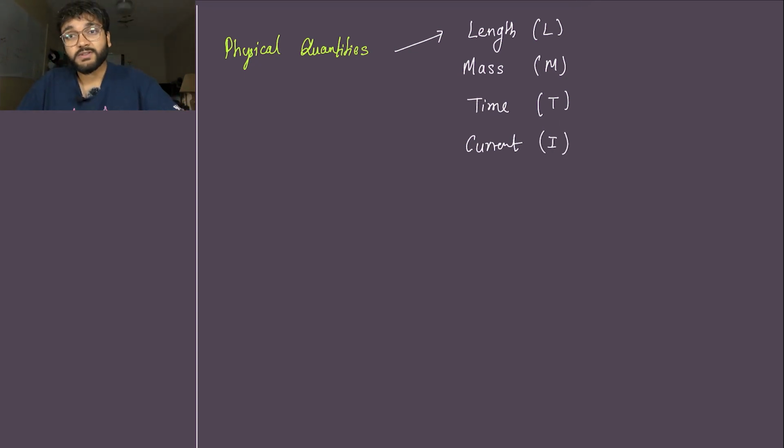Now, if you're watching this video and you want to do mechanics, whether it's 211 or whatever it is called, you would probably not be talking about current, but you will definitely be talking about length, mass, and time. As I said, these are fundamental physical quantities.